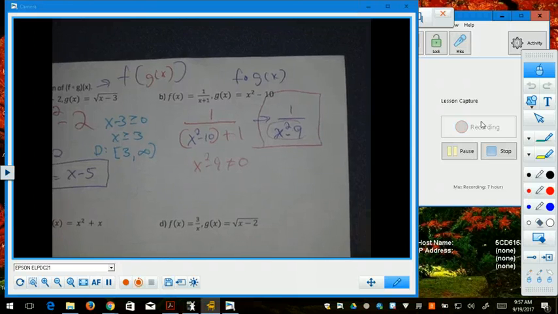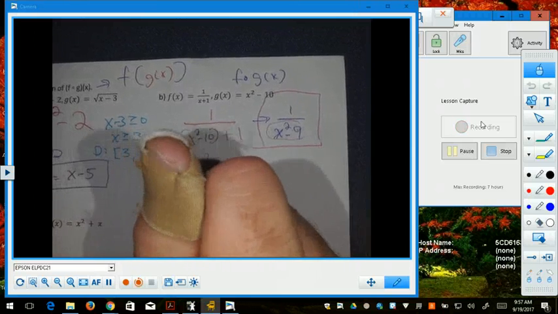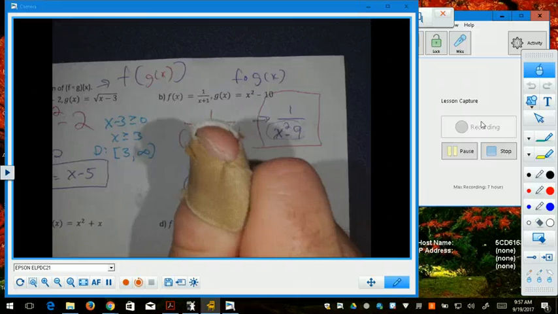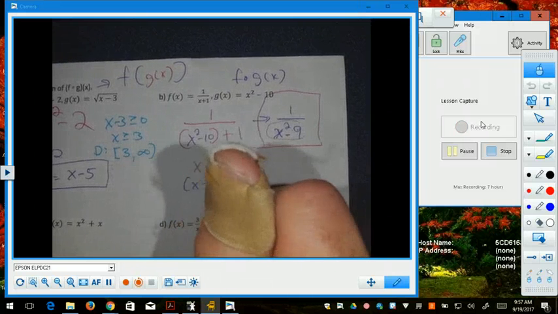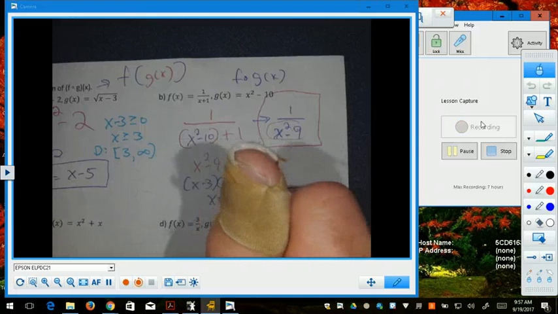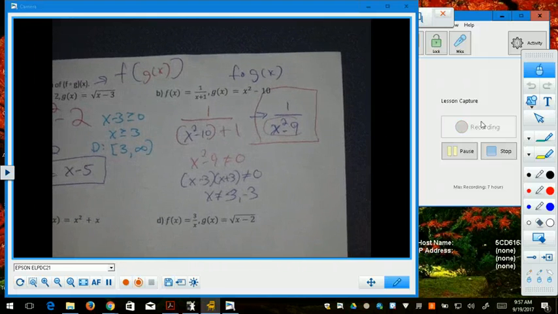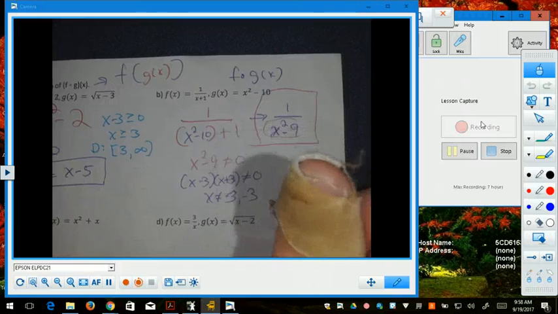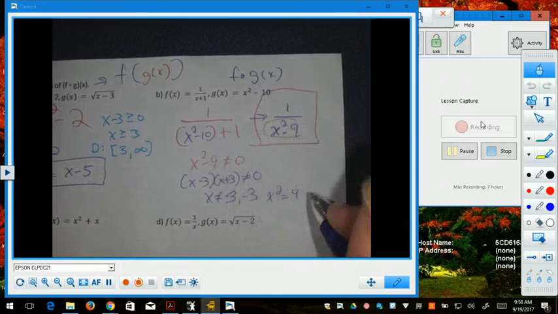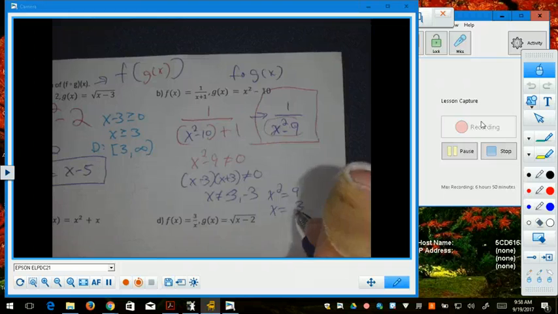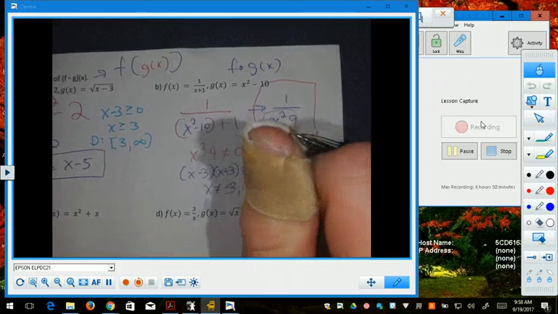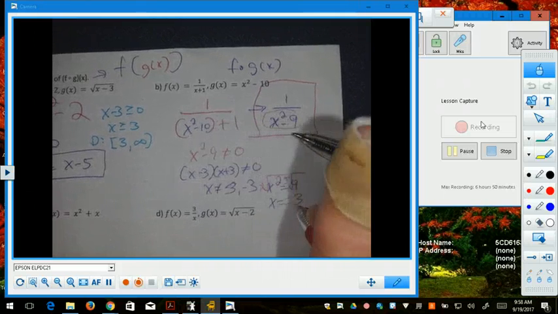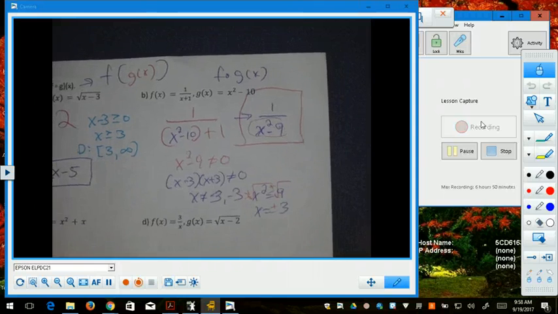Now here's where I had some people go wrong on their quiz. Many of you would write this as x minus 3 times x plus 3 cannot equal 0. So you got your two restrictions, x can't equal positive 3 or negative 3. Some of you solved this by adding 9, and so you said x squared equals 9, you did the square root, and you just wrote 3. What did you forget? Plus or minus. Whenever you take that square root, it's plus or minus the square root when we're solving. So there's actually 2.